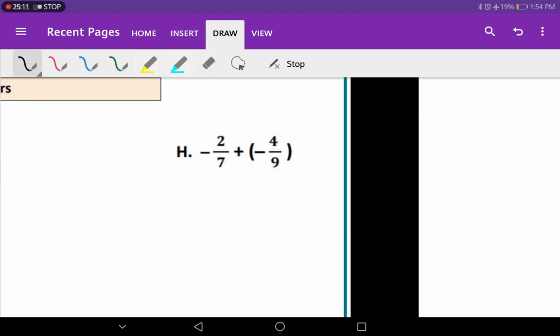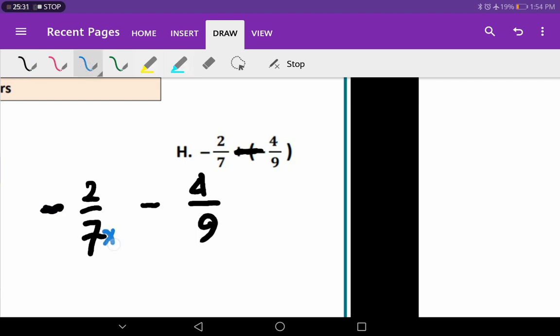So it is negative 2 over 7 minus 4 over 9. Teacher, where is the plus? My dear students, when you see plus negative directly like this, make it negative. Don't worry about anyone. Now multiply this by 9, this by 9, and this by 7, and this by 7.